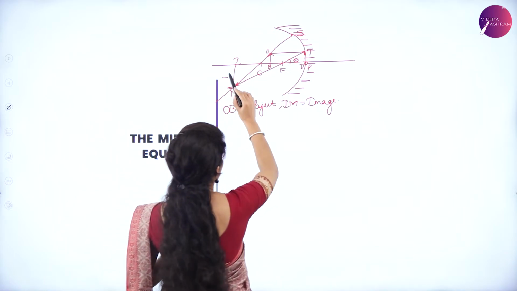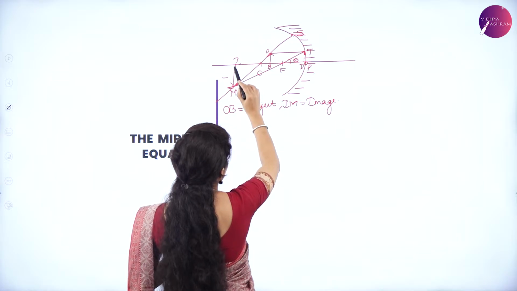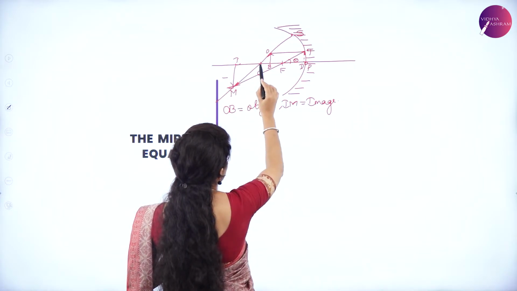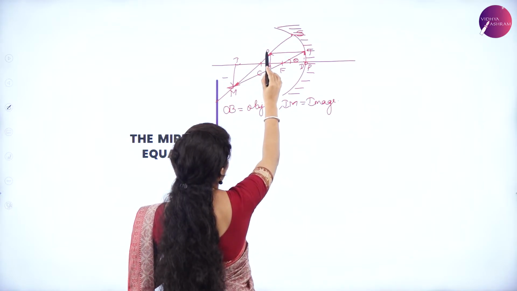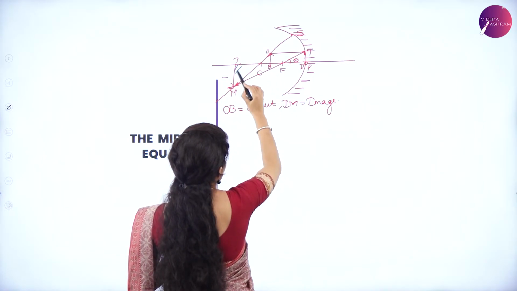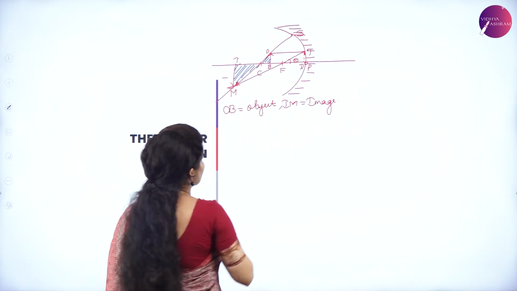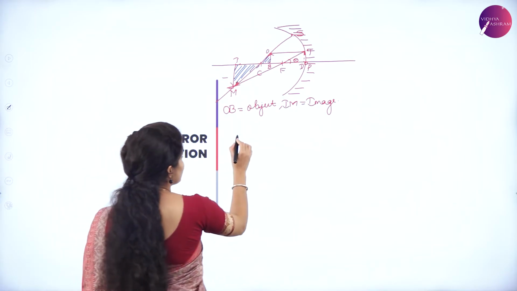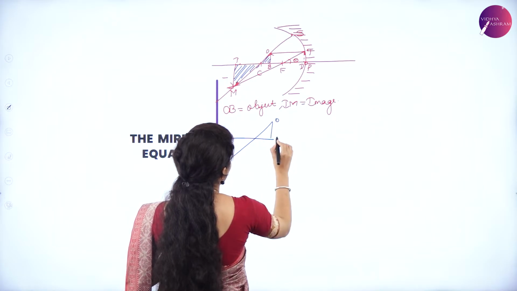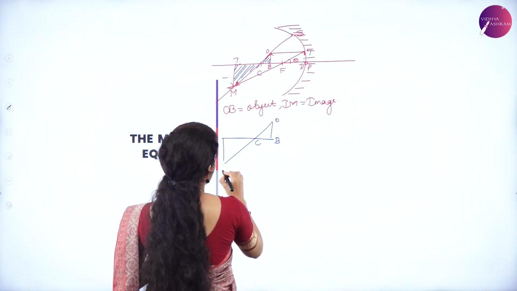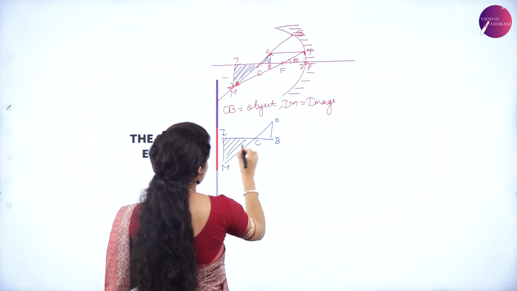First, we have IMC, so we have MIC and OBC. This is the small triangle we are considering. So it is in this way: O, B, C, M as well as I. We have shaded it in this manner.